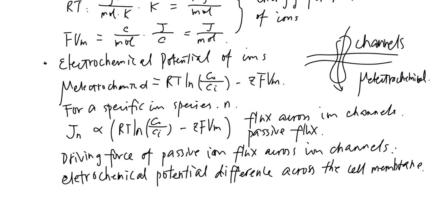R and F are constants, and the temperature is whatever the temperature is. So as long as you are given the membrane potential and the concentrations across the membrane, you will know which direction they flow. You just plug into this equation and figure out the sign.